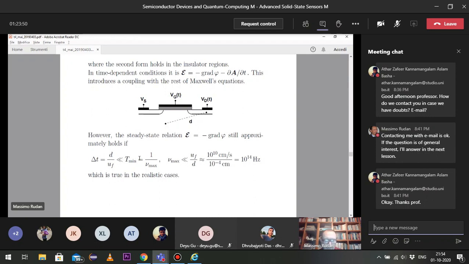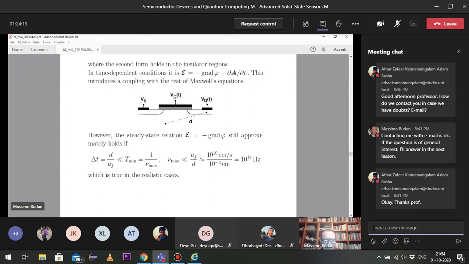T min is the typical time in which the boundary voltage changes, okay? If it happens that delta t is much smaller than capital T min, this means that the propagation is practically instantaneous.